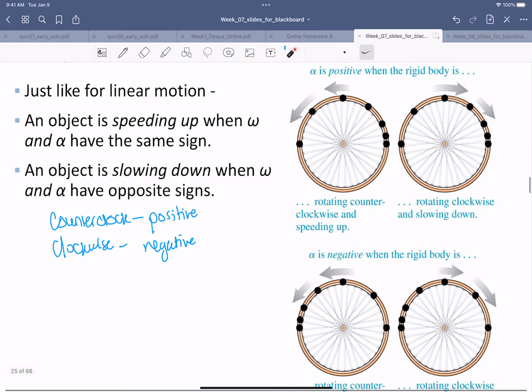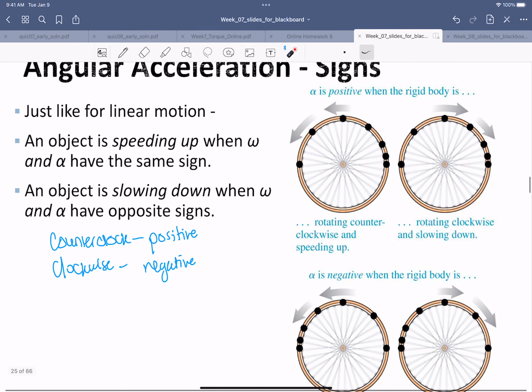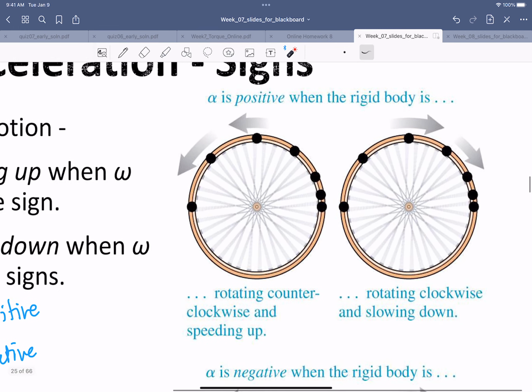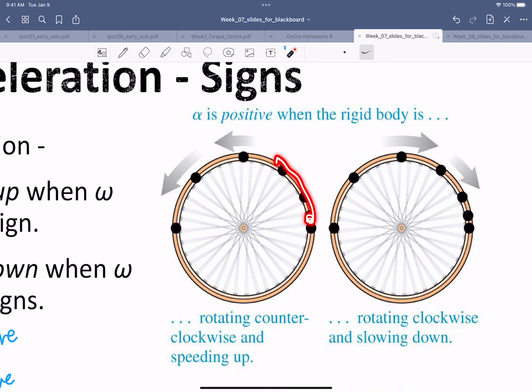Now, what if I told you I'm moving counterclockwise and I'm speeding up? We said that counterclockwise is positive angular velocity. What would my angular acceleration be? What's the sign if I'm speeding up?